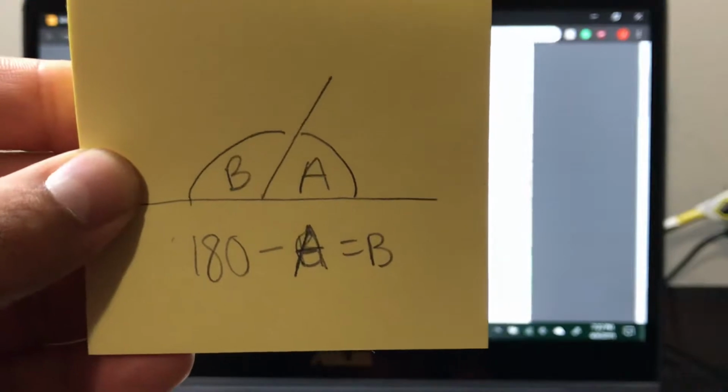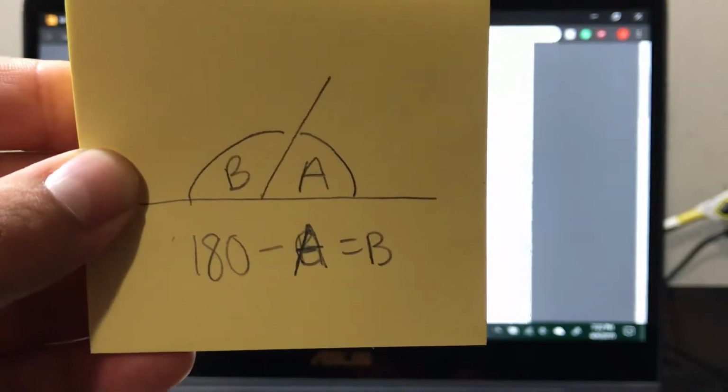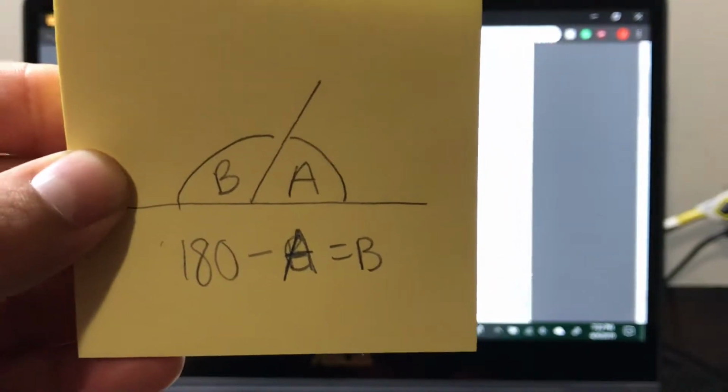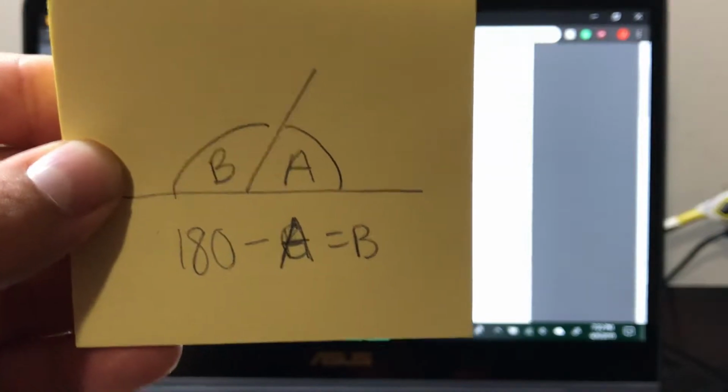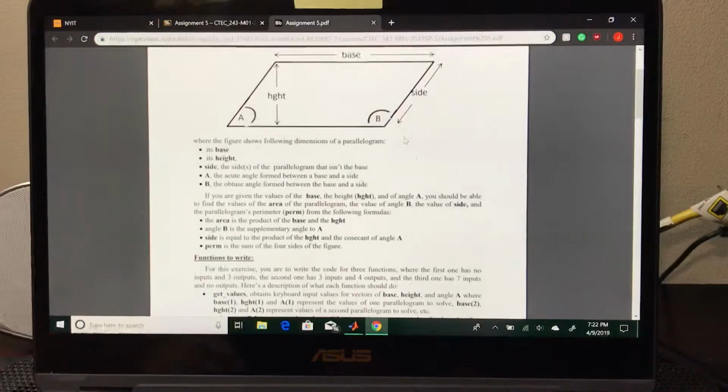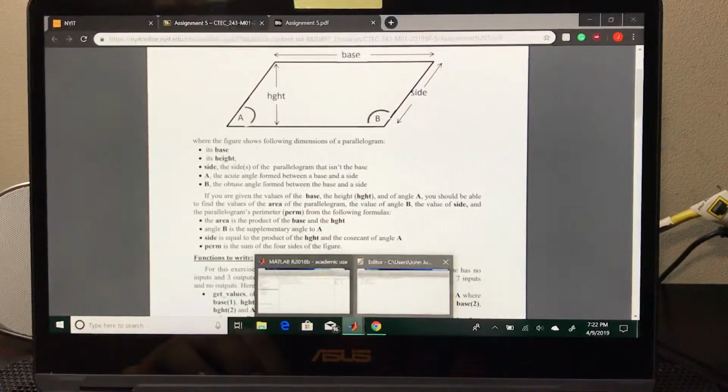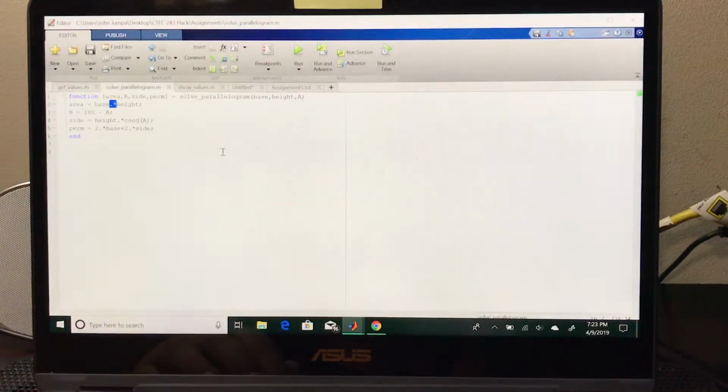So B and A, those two angles equal 180 since a line is 180. Therefore, to get B, you have to have 180 minus A. That's why in the code, B equals 180 minus A.